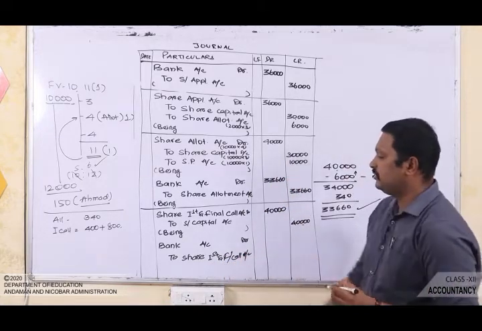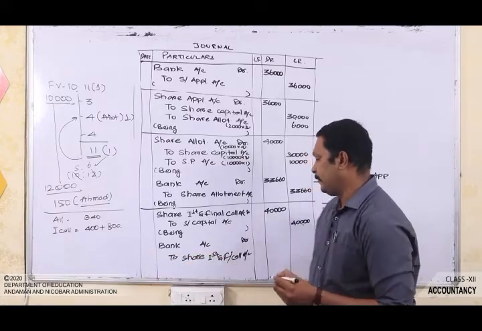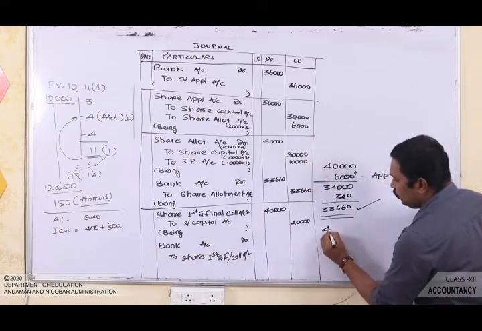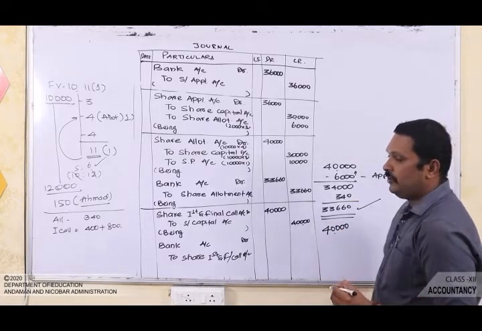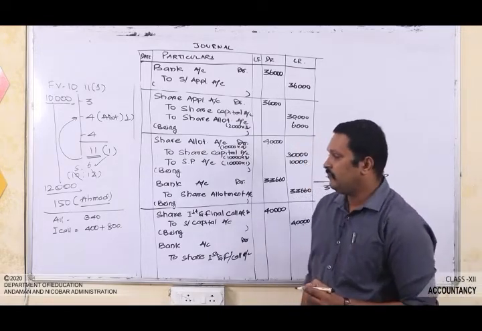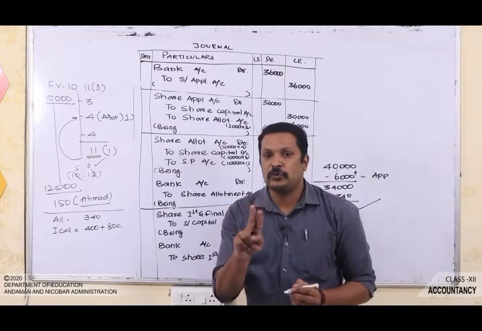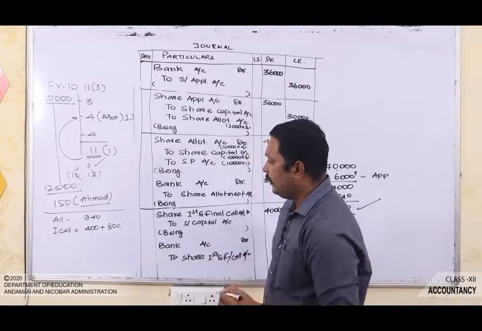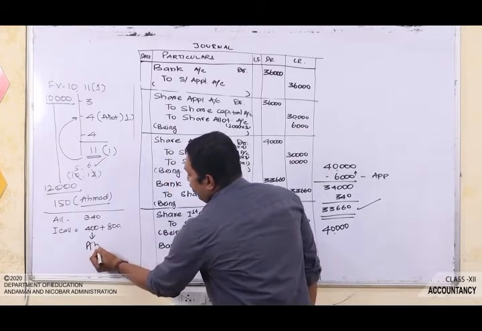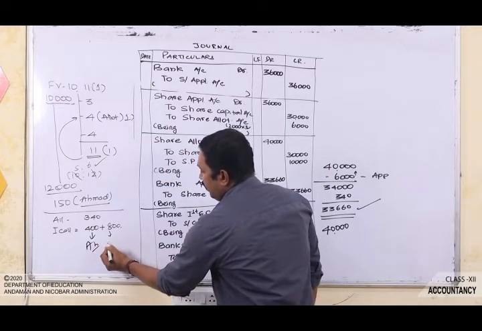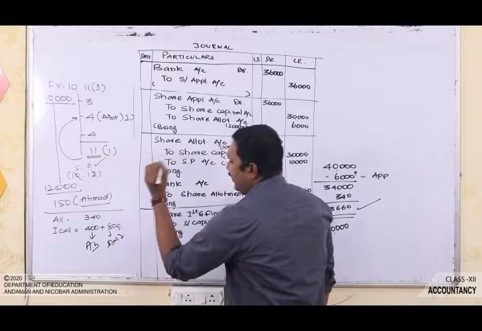Okay, I didn't mention calls in arrear account here, right? Now how much is due? 40,000 is due. You know, we already prepared the working note. In the first call, 2 shareholders could not pay. One is Ahmed, who could not pay 400, and Mr. Amit could not pay 800.